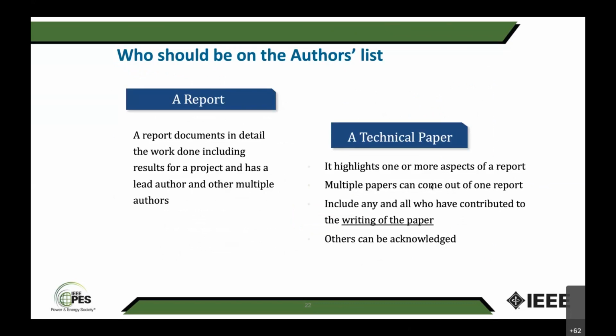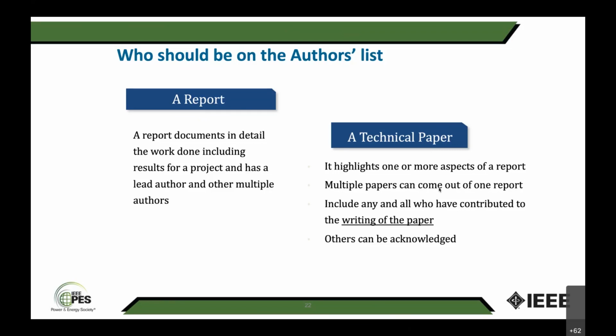So that project has many aspects. You are using one aspect of that project to write this paper. Typically, a project will generate multiple papers. So the report may have many authors, including the lead authors. All the engineers who worked on the project, their name will be published with the report.